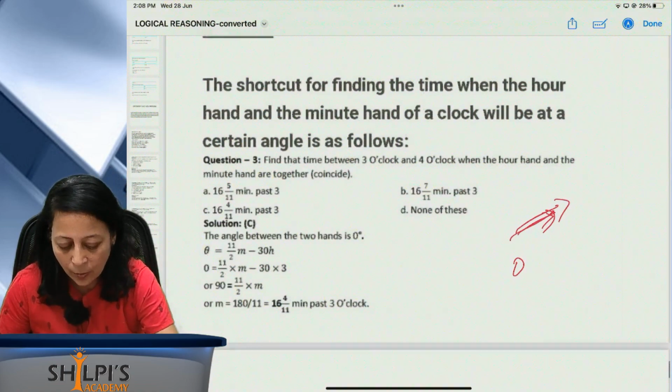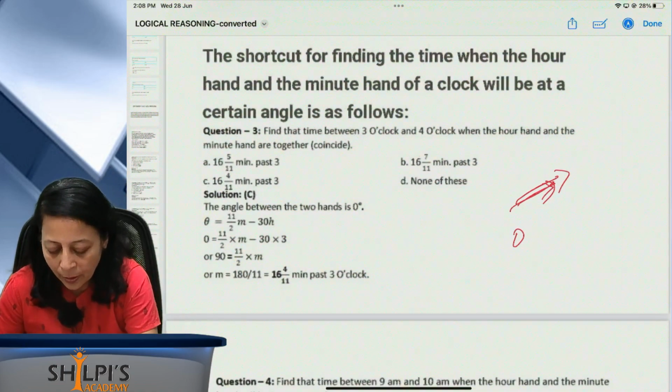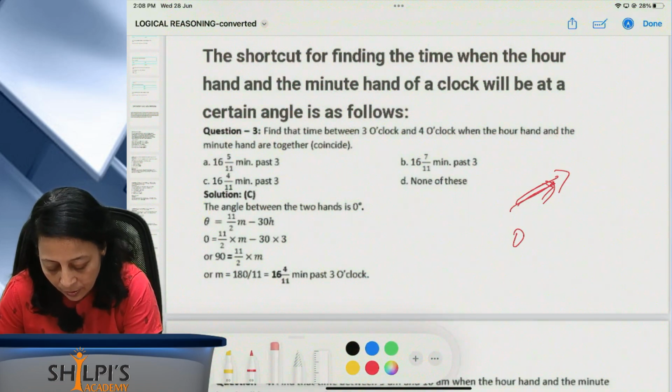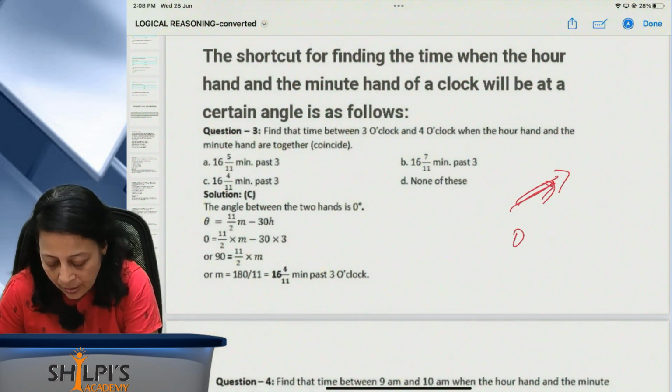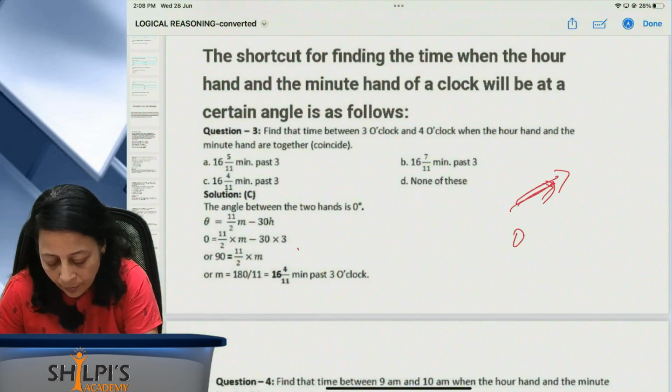So 0 is equivalent to 11 by 2 into m minus 30 into 3. 30 into 3 we all know it is 90.